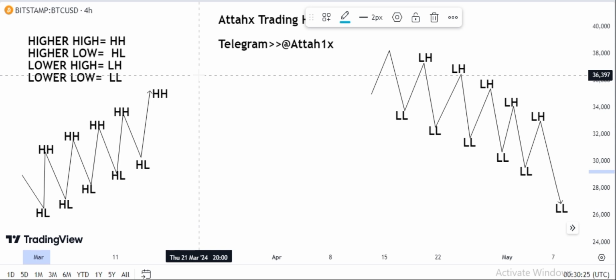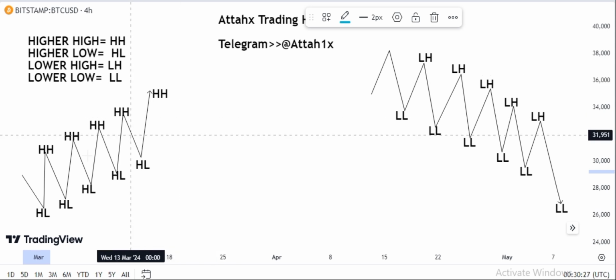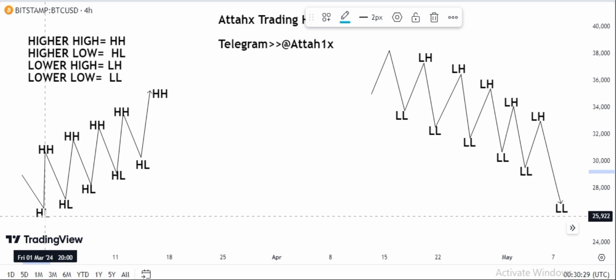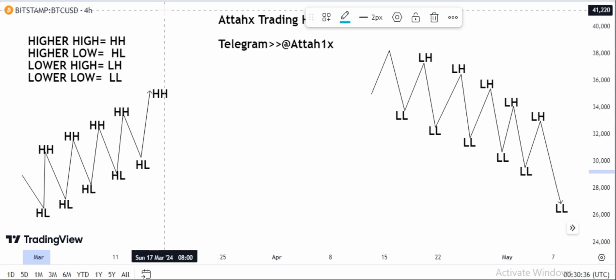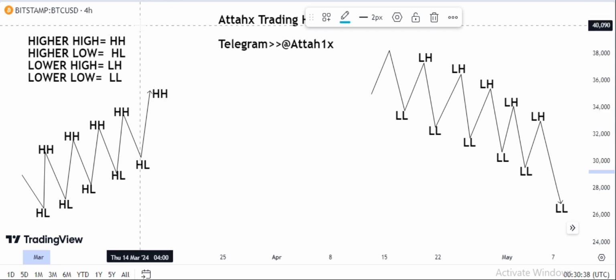The uptrend consists of the following: higher lows and higher highs. So when the market tends to create higher lows and higher highs, that is to say that we are in an uptrend, right?